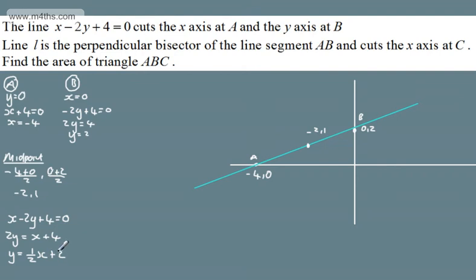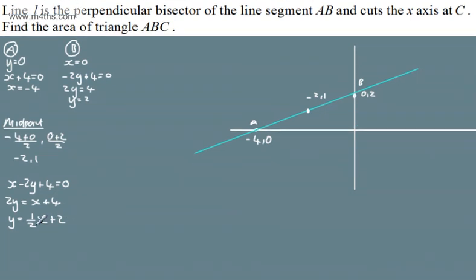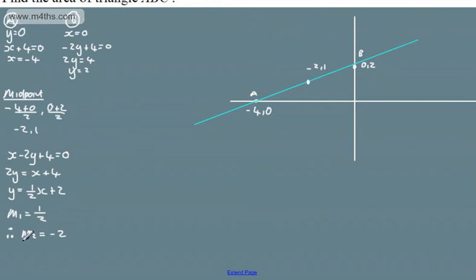We can see that the gradient of the original line is 1/2. I'm going to state that m1 is equal to 1/2. Therefore, m2, the gradient of the perpendicular, will be equal to minus 2. We take the negative reciprocal, as m1 multiplied by m2 will be equal to minus 1 if perpendicular.